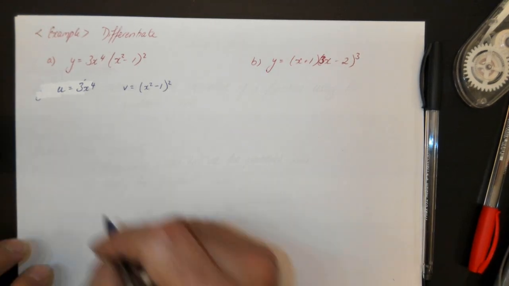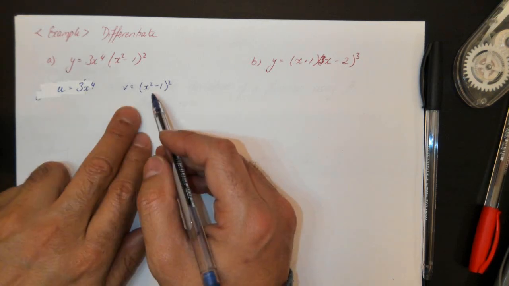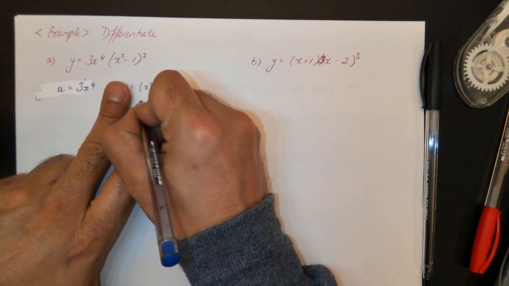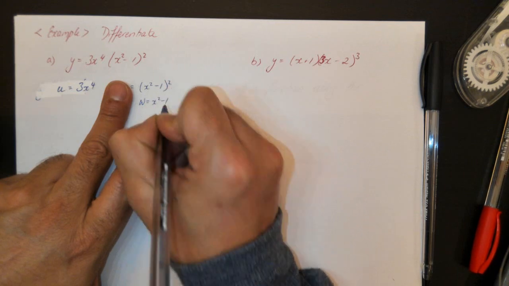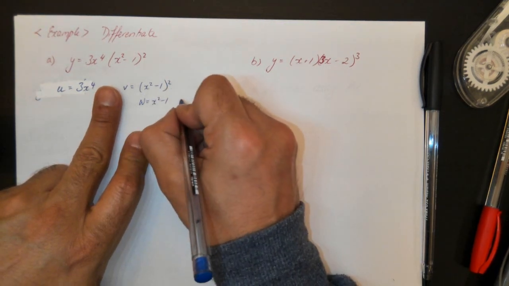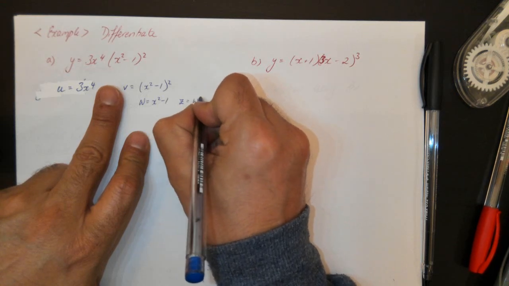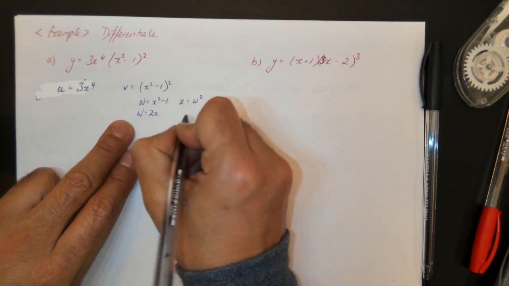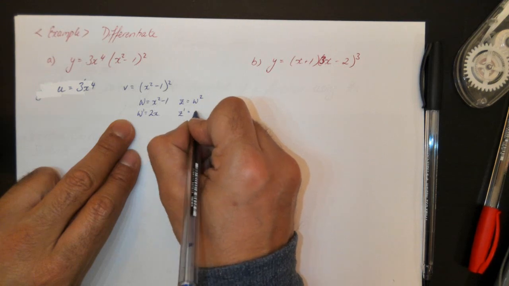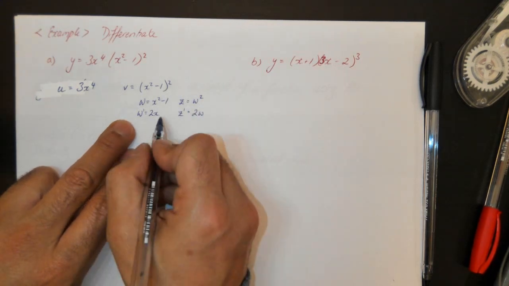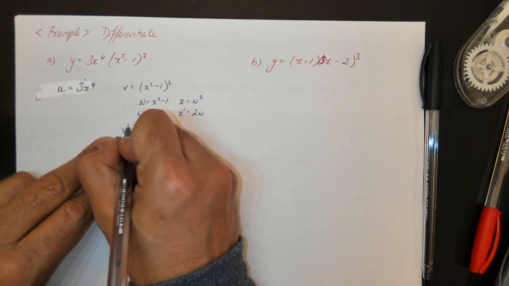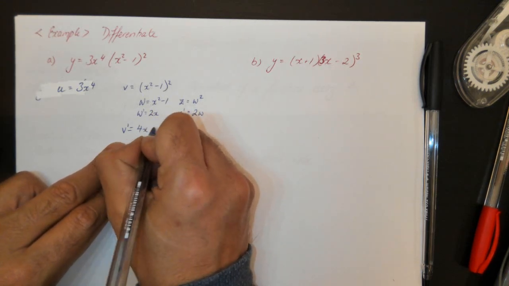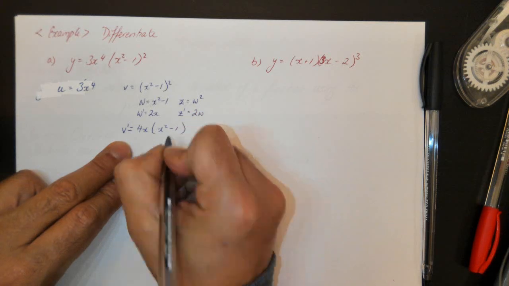Alright. Leaving this for the time being, I notice that this is a product of itself by itself. So what if I let w equal x squared minus 1, and let z equal w squared? If we differentiate that, we get w dash being 2x and z dash being 2w. Multiplying these together will give us our z dash, so that's going to be 4x(x squared minus 1).